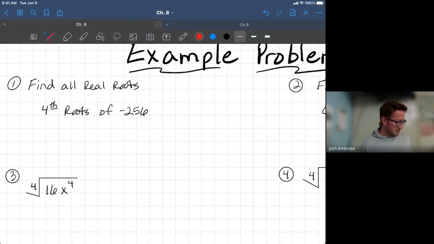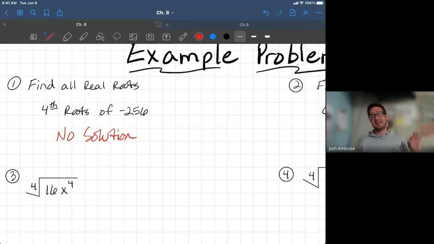So because that is an even number root, you can't take it with a negative number. So this is a no solution problem, because you can't take an even number root of a negative number. It will always only equal a positive.